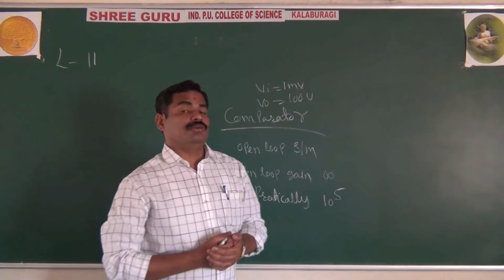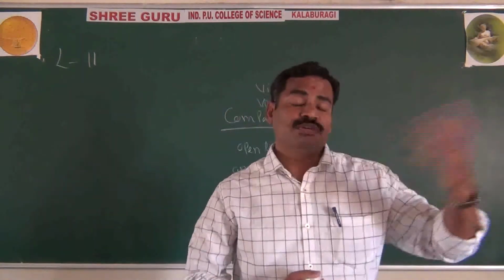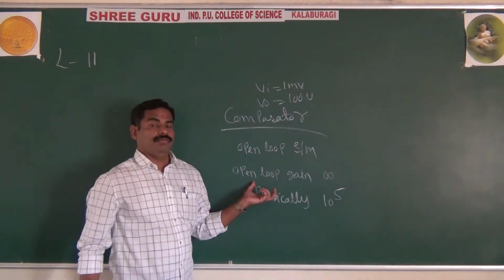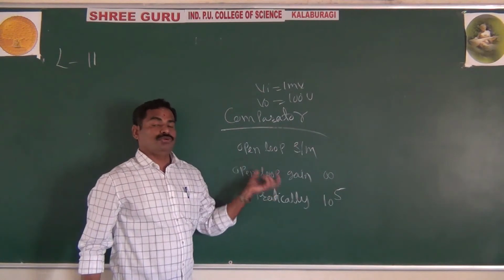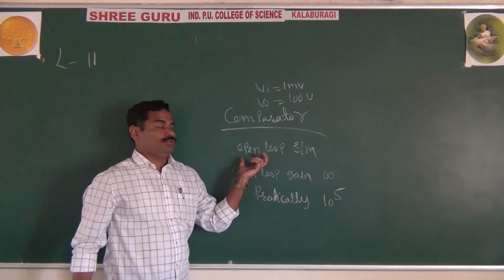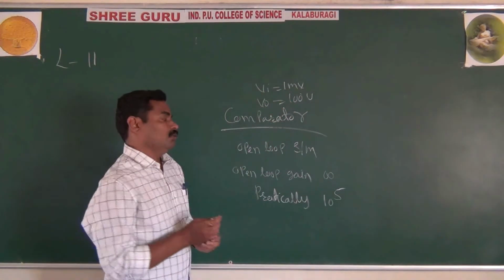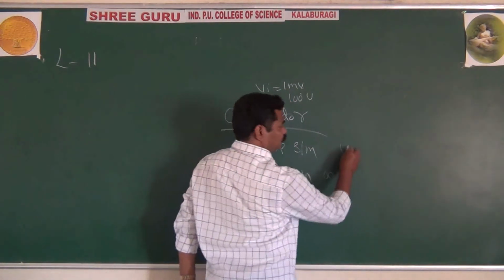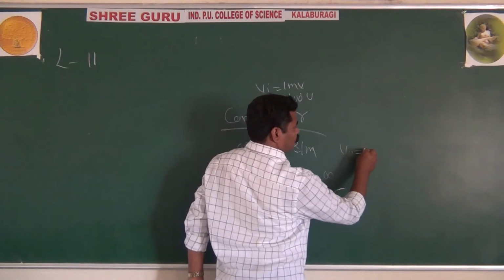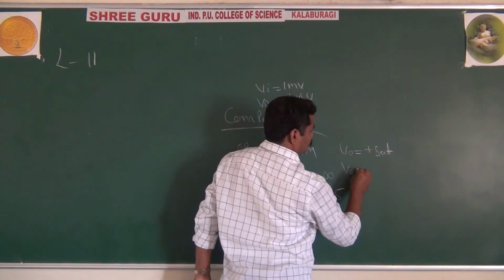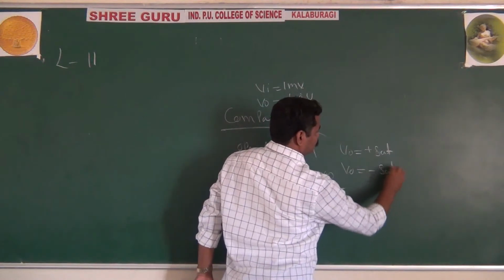Practically it is not possible. As you know already why it is not possible. The important thing in your op-amp is that the output should not be more than the biasing voltage. The output should not be more than positive saturation or more than negative saturation.